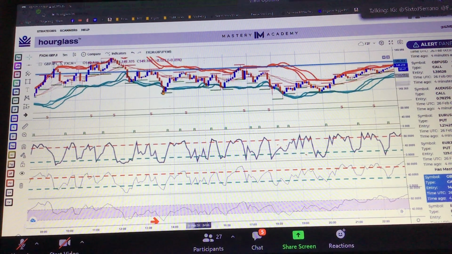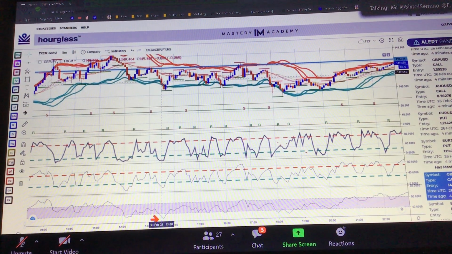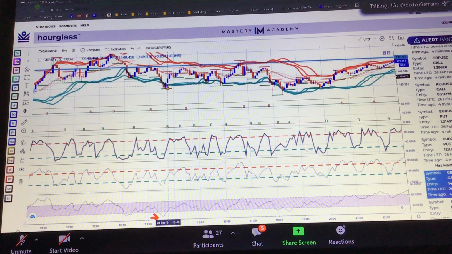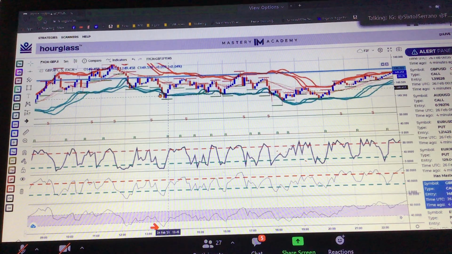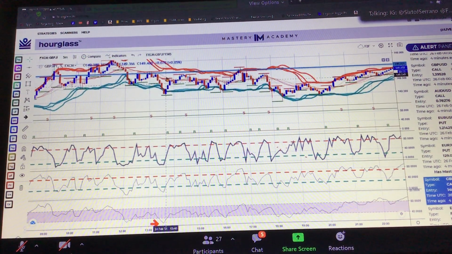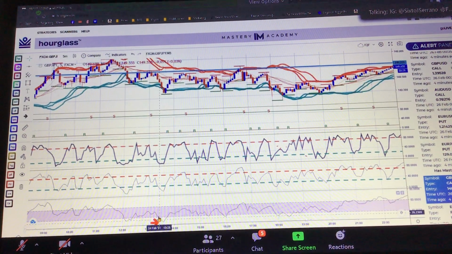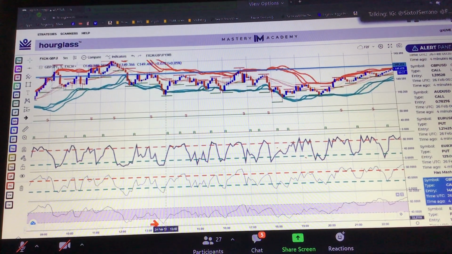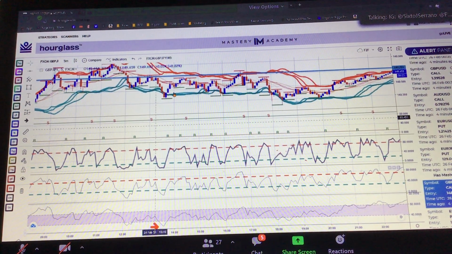Here, I'll be waiting if it's already come down to the bottom of the Bollinger Band. And remember how I said it's going to bounce? If it's going to bounce on the bottom and reverse, I want to look for an opportunity because it gave me a focal point on the RSI. It came down pretty far right here, so I want to look for an opportunity to get into another trade.